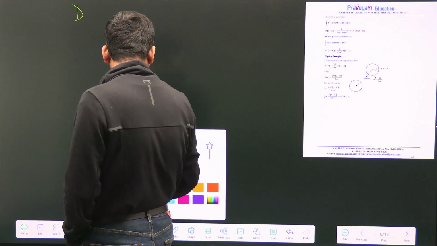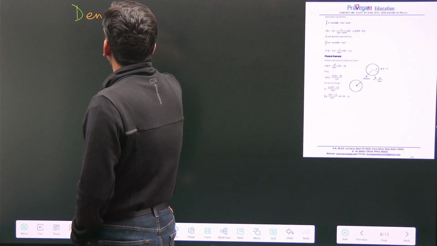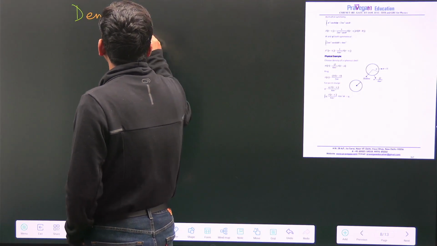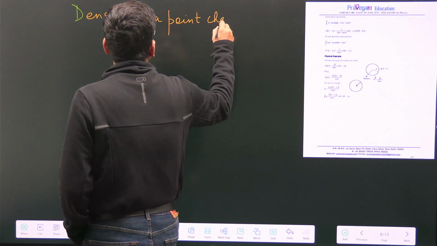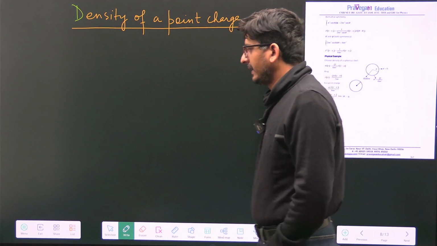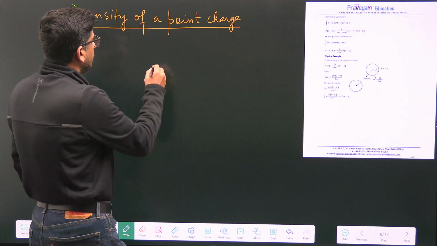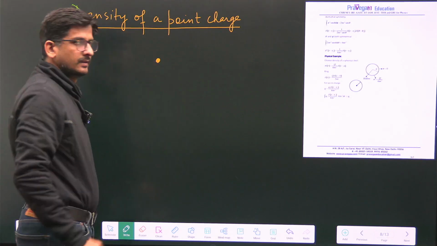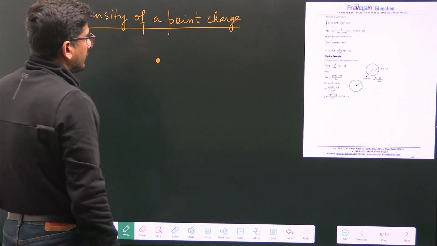density of a point charge. So the density of a point charge is something which is present at one point and it is absent at all other points, right?